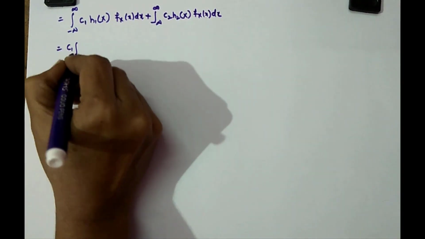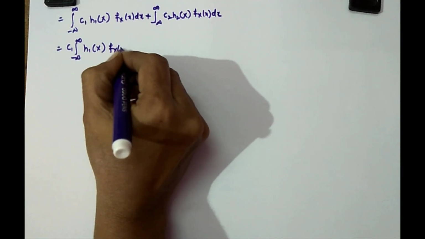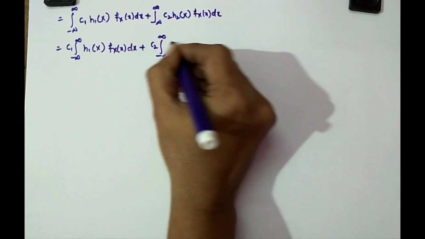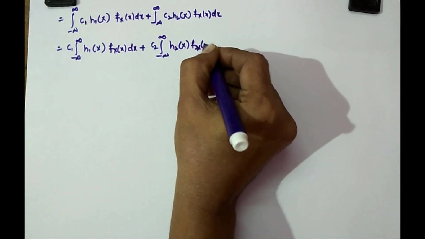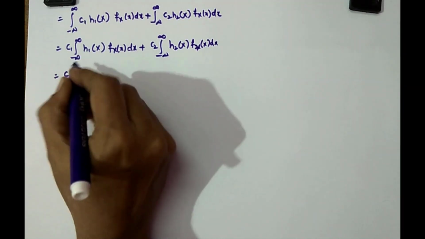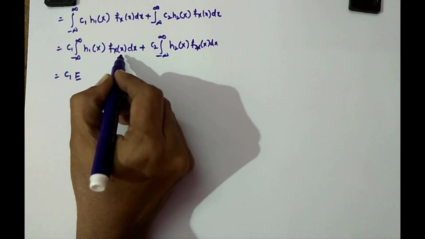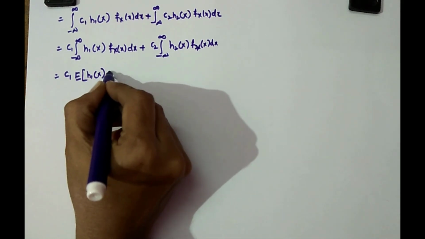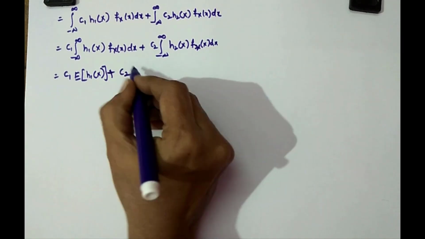So it is simply C1 integral minus infinity to infinity H1 of x into fx of x dx plus C2 into integral minus infinity to infinity H2 of x into fx of x dx. So it's nothing but C1 into, what is this? This is nothing but expectation of the function h1 of x. Therefore, C1 into E of h1 of x plus, what is this? C2 into, this is the expectation of h2 of x.